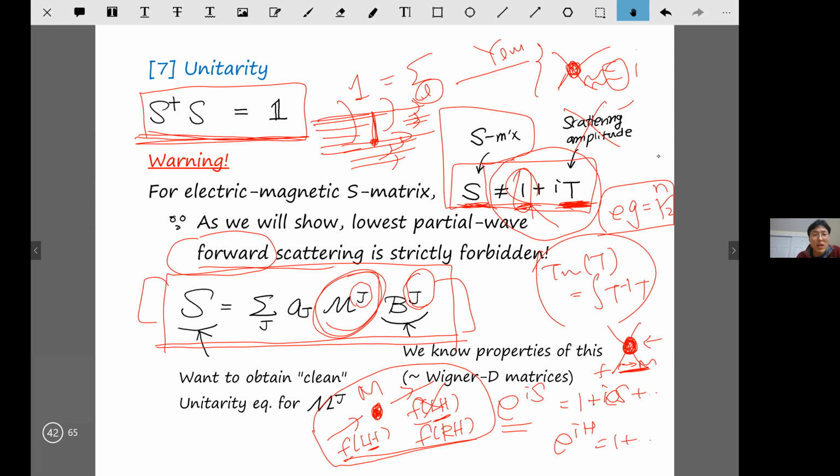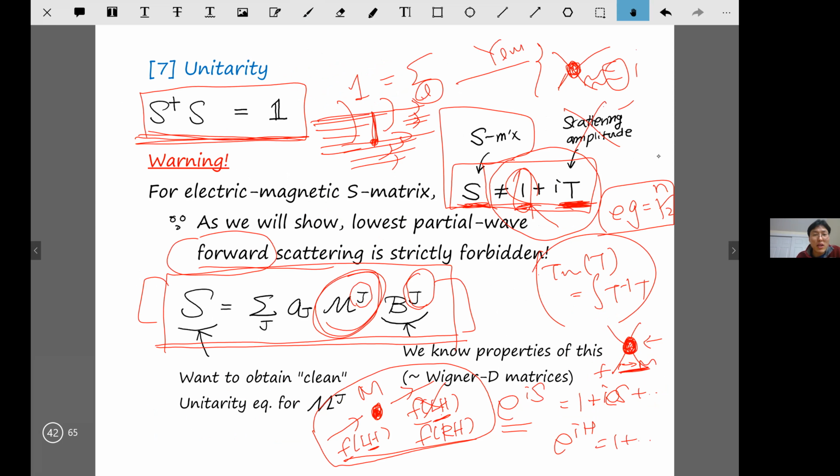Assuming this, the unitarity equation, using some properties of the detailed structure, can be written as M M dagger equals 1. When I say 1, remember the state consists of a fermion and a monopole, and the fermion can have either helicity. So 1 is a 2 by 2 matrix of helicity minus one half fermion or plus one half fermion, and likewise here. So 1 means 1 in this 2 by 2 sense. This will be the unitarity equation I will be using.